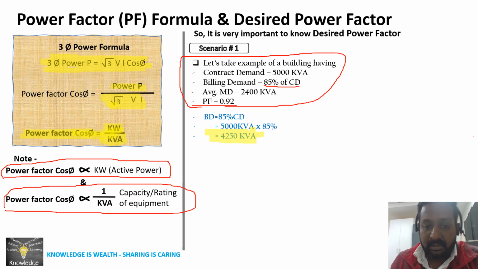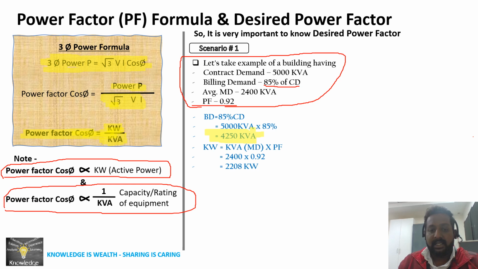Okay, so in this concept, let's derive our kilowatt. We know our maximum demand is 2400 kVA, operating at 0.92 power factor. To calculate kilowatt, simply kilowatt is equal to kVA into cos phi.